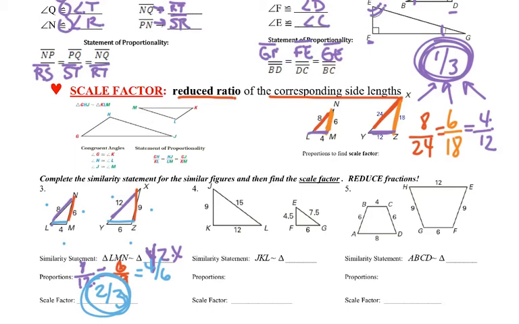Let's look at another one. If I say JKL, I have to say EFG. That's how they match up, right? JKL matches up with EFG. Then it helps if you do colors, like 9 goes with 4.5. I know that's a decimal, but we're still going to write it. 9 over 4.5 equals 15 goes with 7.5.